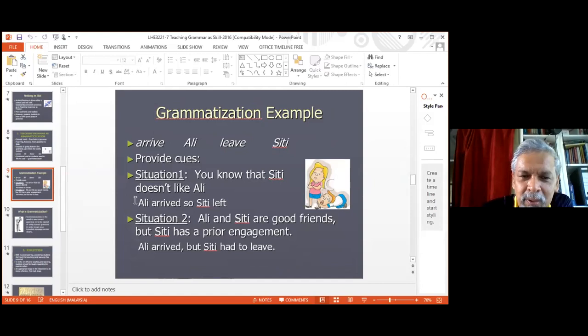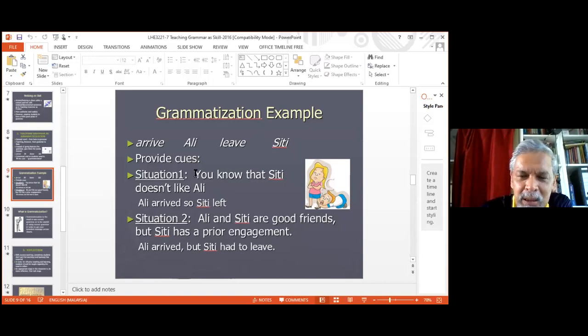So you would say something like, Ali arrived, so Siti left. There's meaning to it. You're not just putting the words together any way you want, but you have to put it in such a way that it reflects the situation.